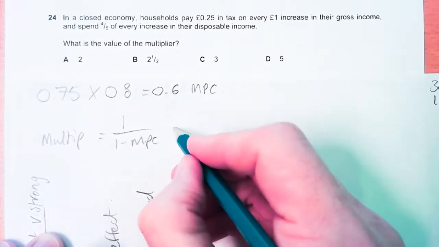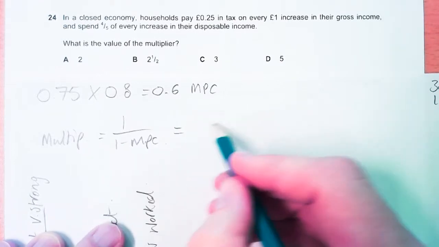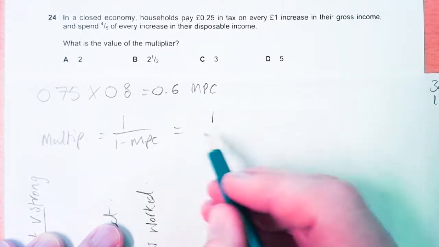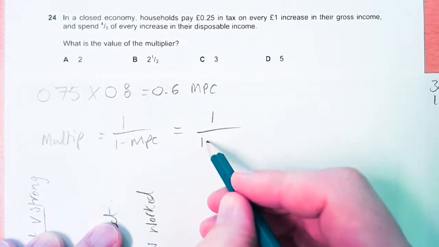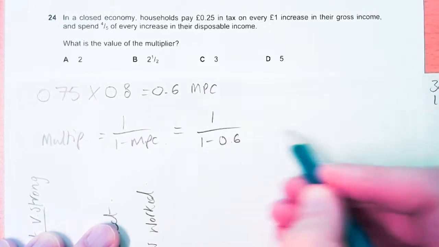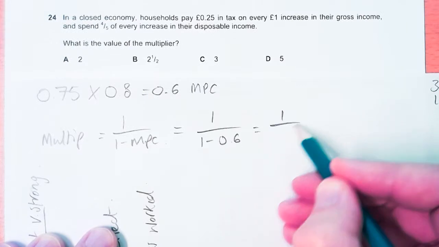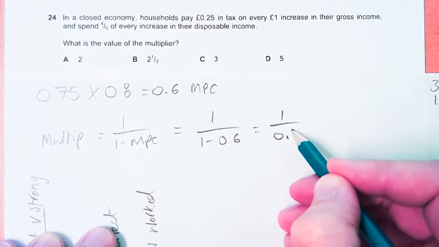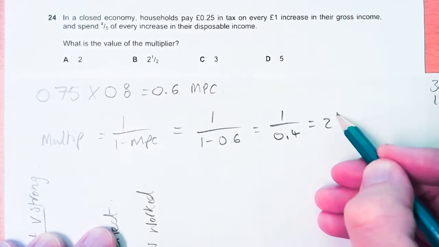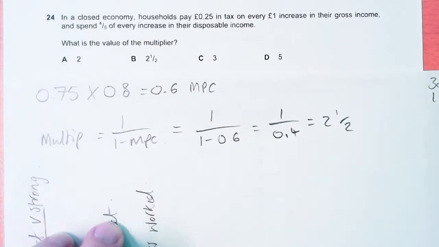So let's work through this: we get 1 divided by 1 minus 0.6. That translates to 1 divided by 0.4, and that would equal 2.5. Okay, right, so the answer would be B.